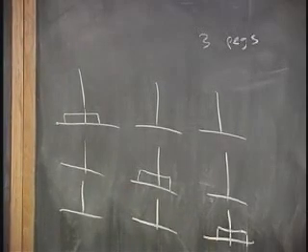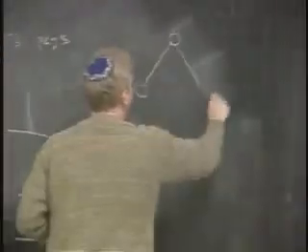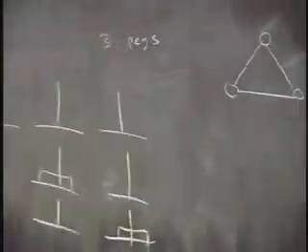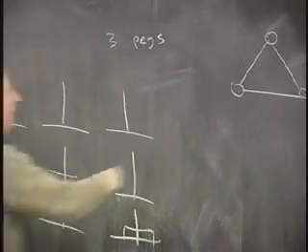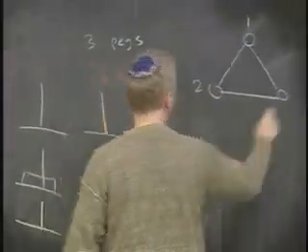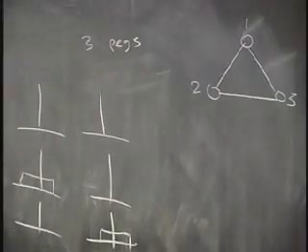Everyone agree? Let's make a picture, a graph picture. Every one of these configurations, every one of these rows now has a node in my picture, a vertex in my picture. I'm going to label this one 1, I'll label this one 2, and I'll label this one 3. I made a triangle here for a very particular reason.